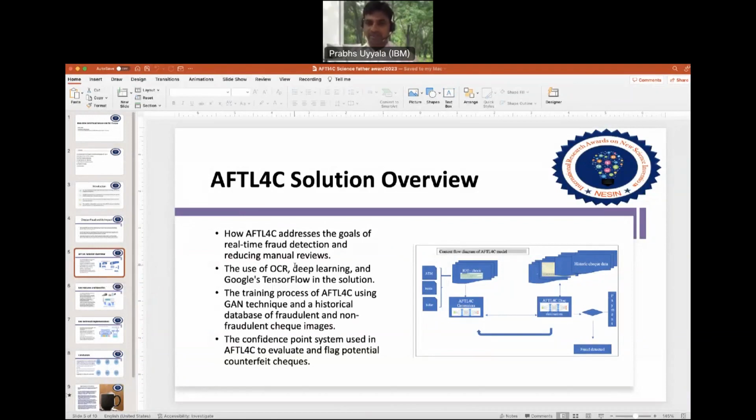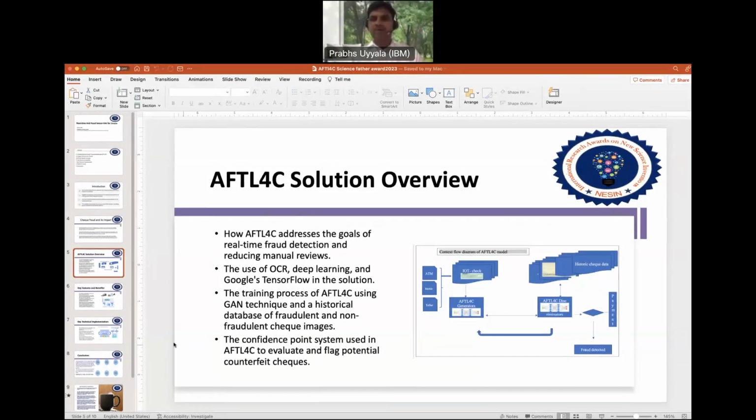GAN predominantly has two components, generators and discriminators. Generators are trained on how the checks look as input. The discriminator goes against the check and identifies what changes have been made from the original checks. The confidence point is used to measure whether there is any potential counterfeit in the check.